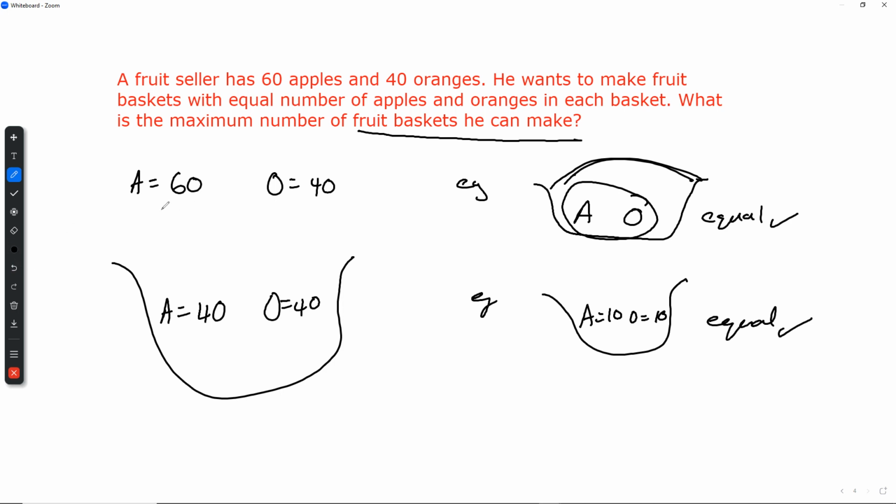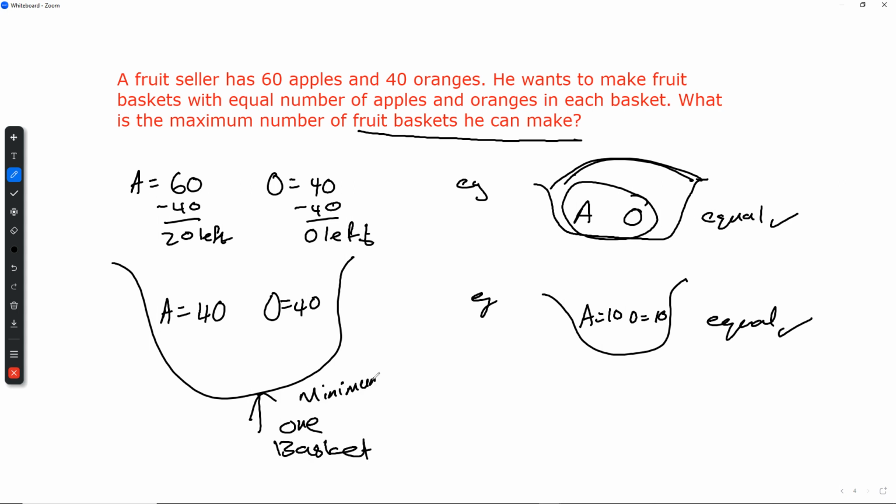In other words, if you minus 40, there'll be 20 left. And if you minus 40, there'll be 0 left. But then we've only got one basket. And that would be the minimum. The minimum is he's got one big basket with 40 oranges and 40 apples. They don't want the minimum, they want the maximum.